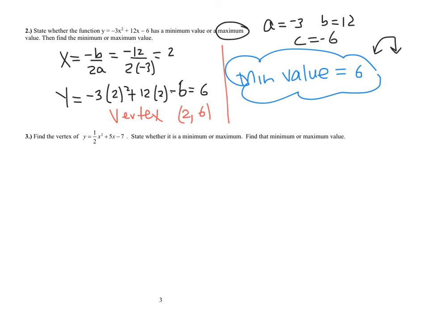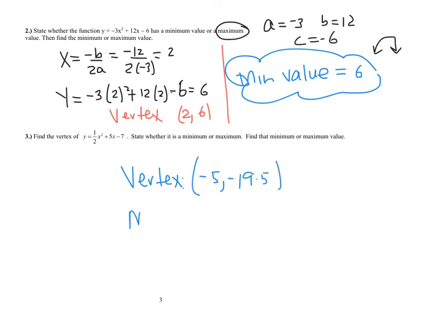And in the same way, you would do the next example. So you find your minimum and maximum value. And I'm going to give you the answer here so that you can work it out. Pause the video, work it out. So when you do this one, you're going to get the vertex as -5, -19.5.